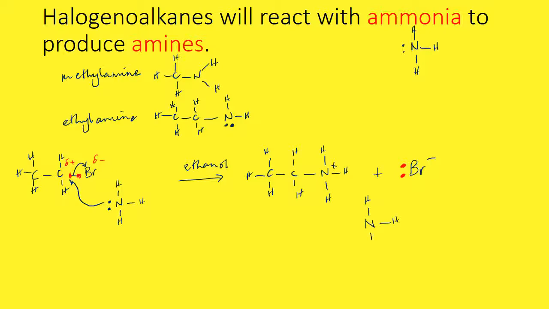So we're going to draw an ammonia molecule like this with the lone pair, and that lone pair is going to grab this hydrogen, right? Because that hydrogen is going to have electrons drawn away from it by the positive nitrogen atom, and that lone pair is going to be attracted to it.